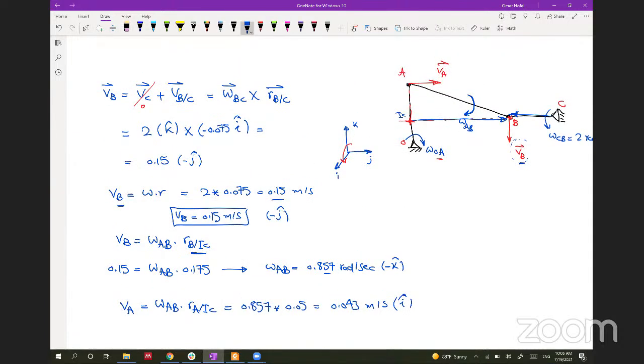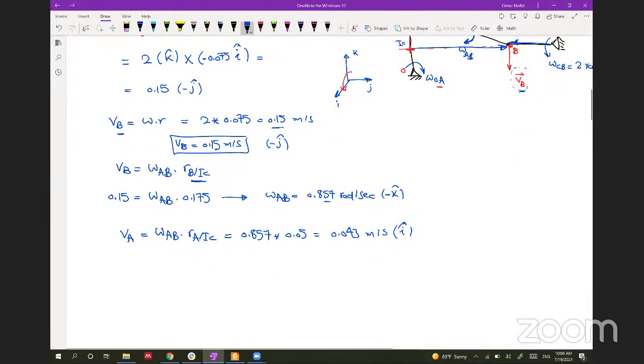So let's use VA to get the omega of the member OA. VA is equal to the omega of the member OA multiplied by RA with respect to O. VA, we know it, it's 0.043, but we don't know omega OA. And we know this is 0.1.